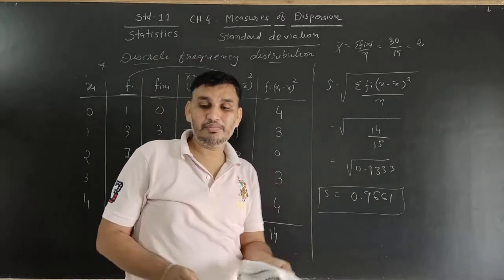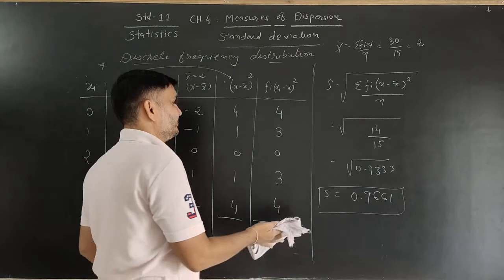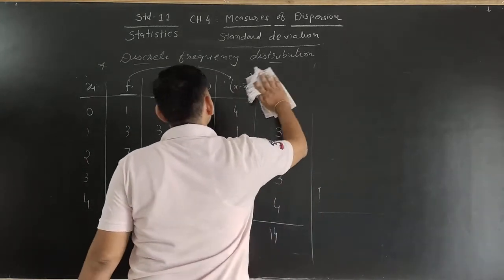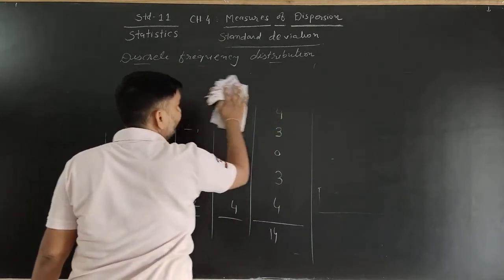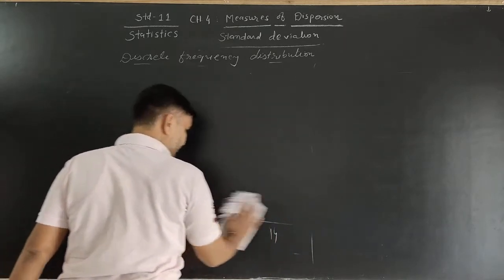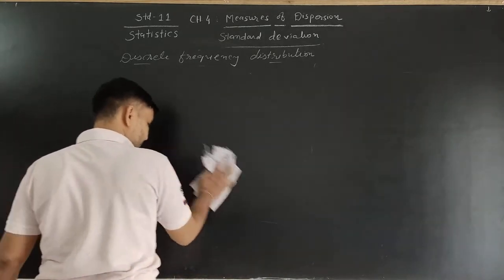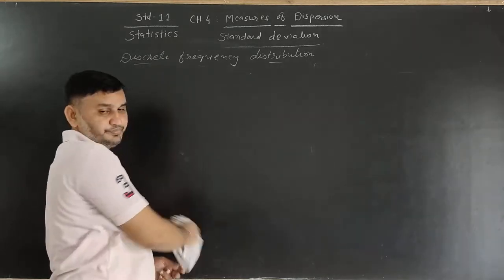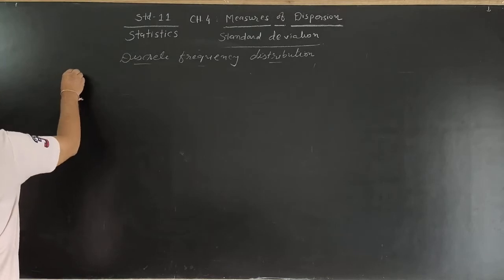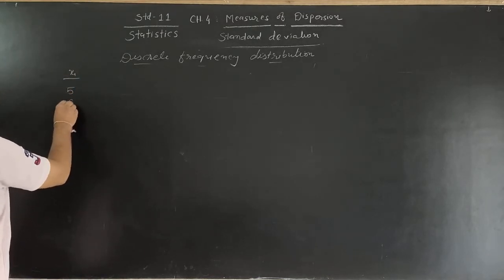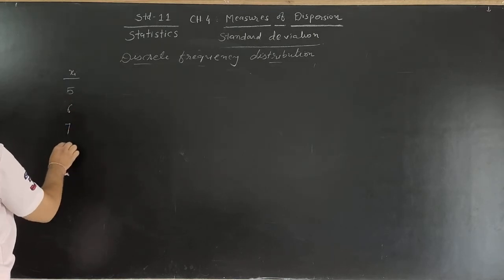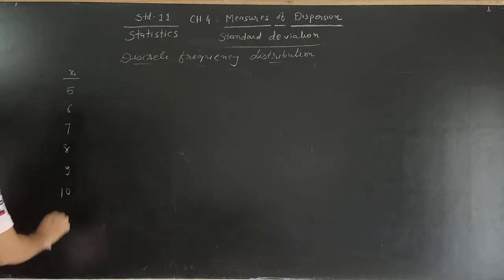Now we take one more example for the shortcut method. So check the discrete frequency distribution, that is our shortcut method. x is equal to 5, 6, 7, 8, 9 and 10.